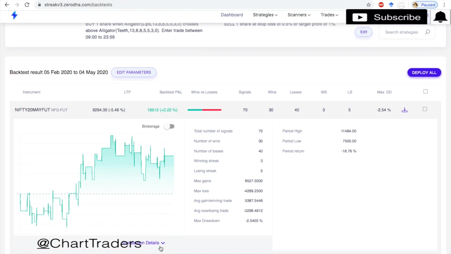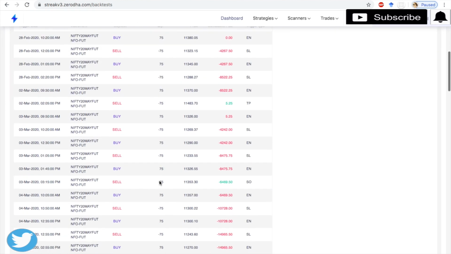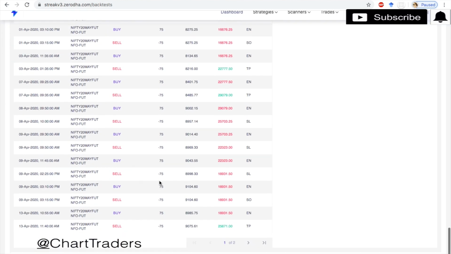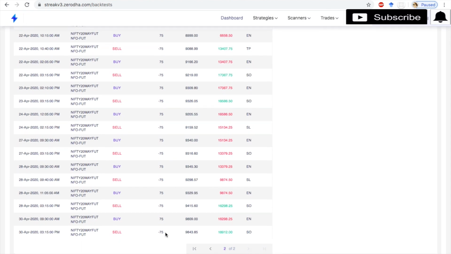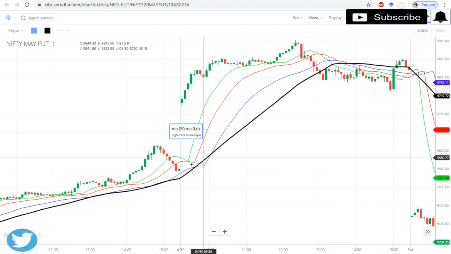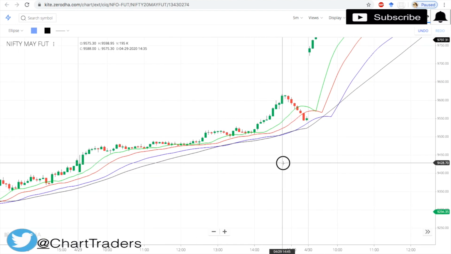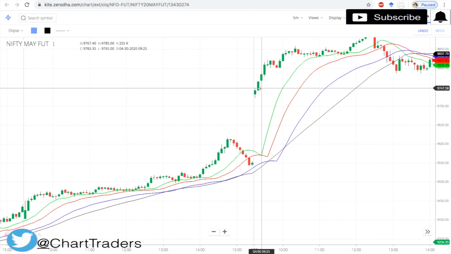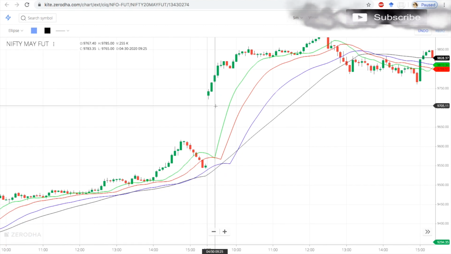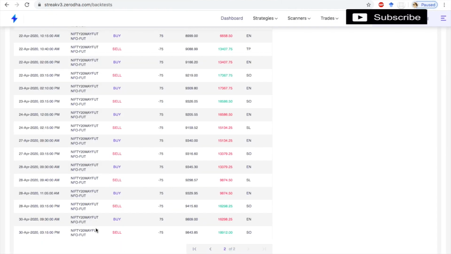Now you can even check the trades. So the trade detail is already given. We can cross verify. For example, on 30 April, a 9:30 signal, that is a buy signal around 9809. So on 30 April, here the 9:30 buy is generated, around 9809.